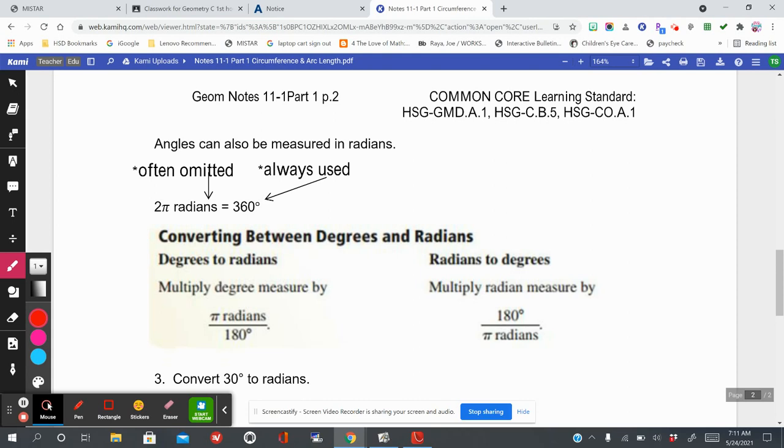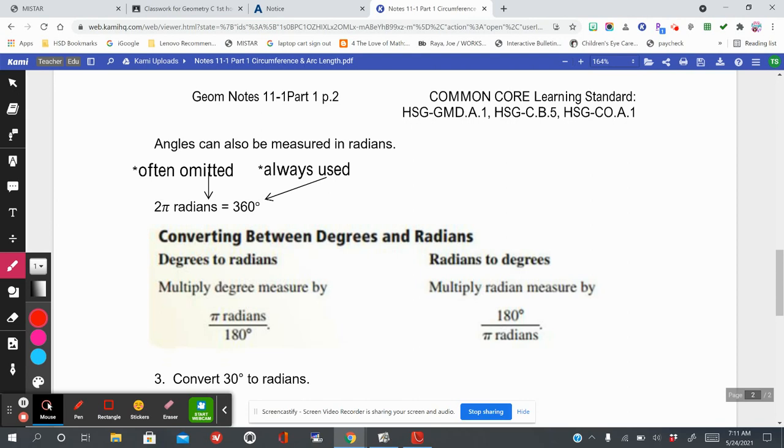And for right now, we use 360. That's kind of like inches and meters. A lot of calculators will convert for you, but if you are stuck doing it by hand, if you multiply the degree measurement by pi over 180, it will switch it to radians. And likewise, if you're given radians and you need to switch to degrees, you'll just flip that over.